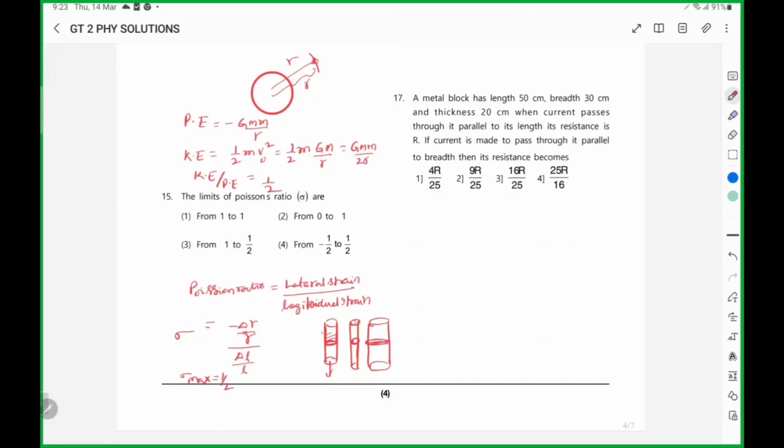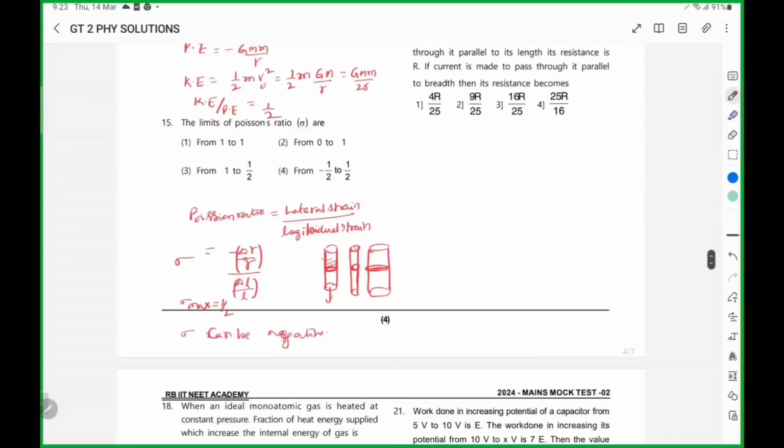So for those materials, these two become positive and negative, so Poisson ratio can be negative. So it in fact lies between minus 0.5 to 0.5. It's the fourth option.